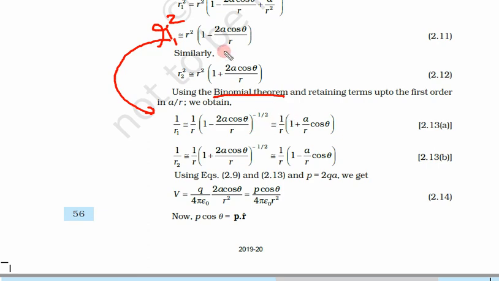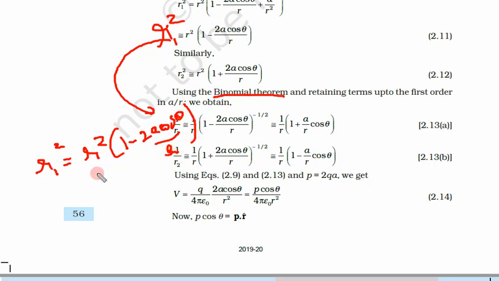So how did we do this? Let us see. We had r1 square is equal to r square times 1 minus 2a cos theta upon r. So this was all that we had.